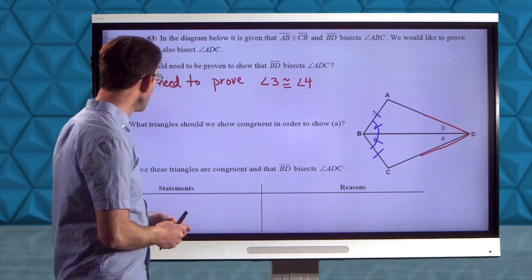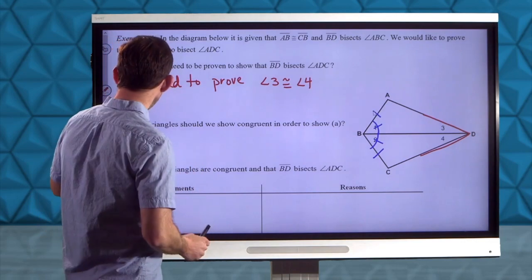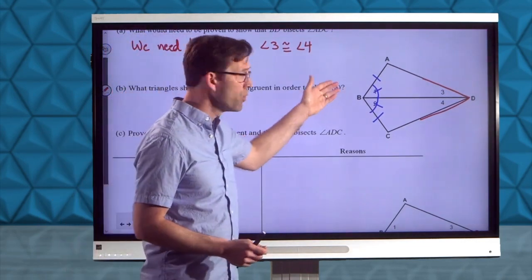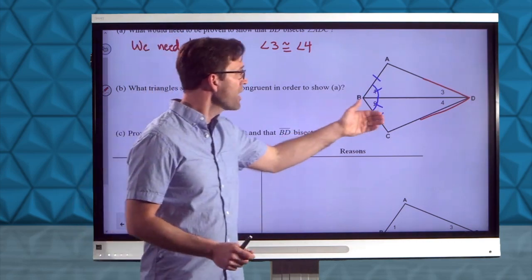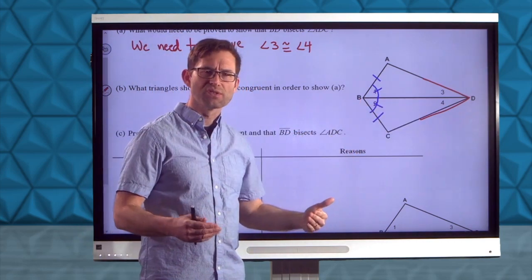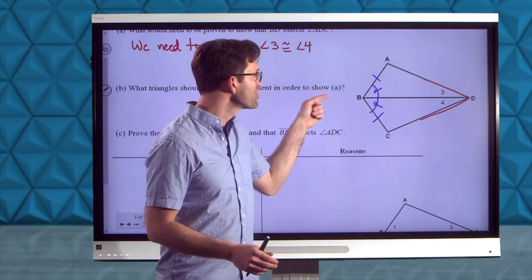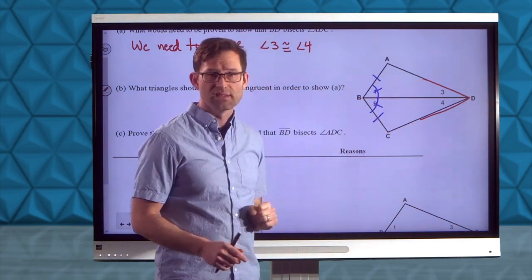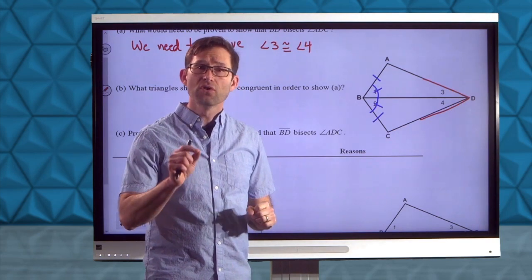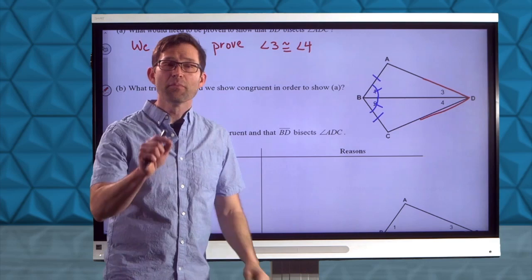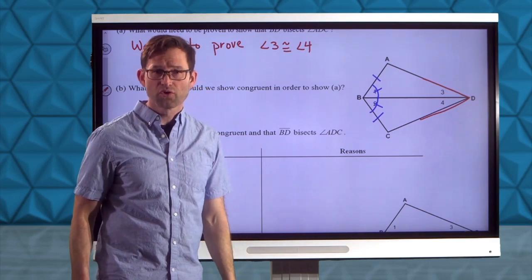Okay? So letter B, what triangles should we show congruent in order to show letter A? So I want to somehow show, I'm working the proof backwards, you see. I need to show that angle 3 is congruent to angle 4 in order to show that BD bisects ADC. All right, but to get two angles congruent, I want them to be corresponding parts of congruent triangles.